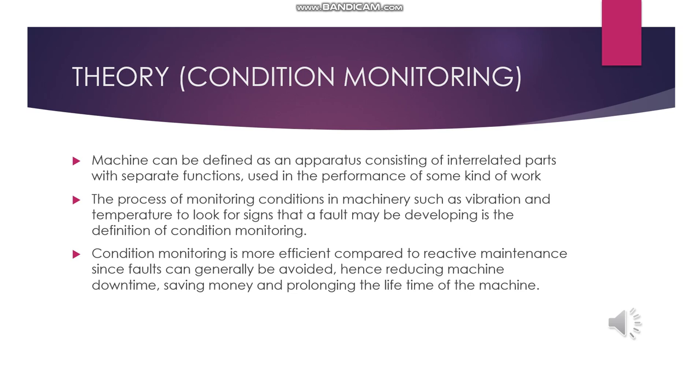It is used in the performance of some kind of work. The next point is the process of monitoring conditions in machinery such as vibration and temperature to look for signs that a fault may be developing, which is the definition of condition monitoring.